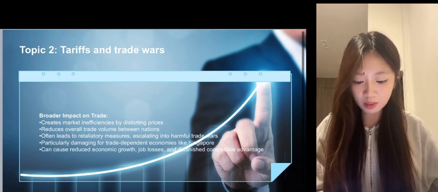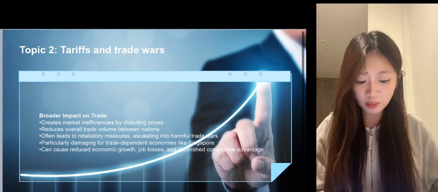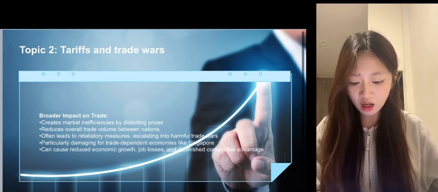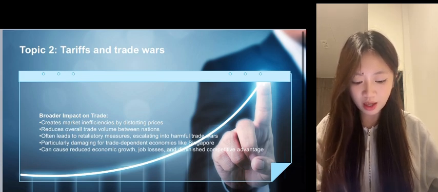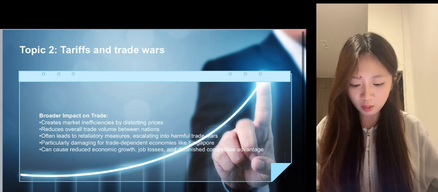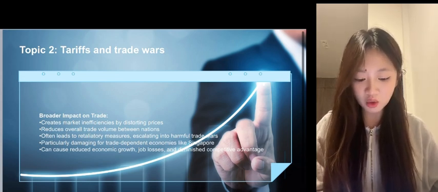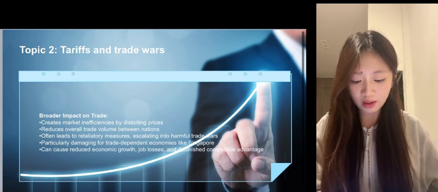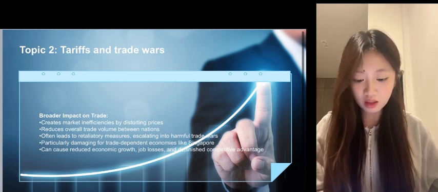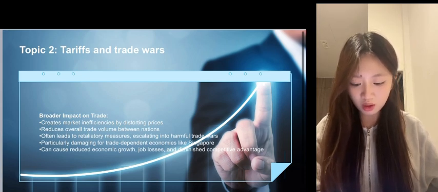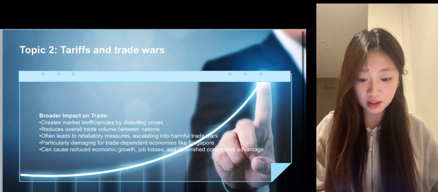In general, the impact of tariffs on trade between two countries is negative. Tariffs artificially alter market prices, which negatively impacts both trade and overall economic efficiency. Although some domestic industries may benefit in the short run and get protected, tariffs often provoke reciprocal measures, trade wars, and conflict that hurt both economies.